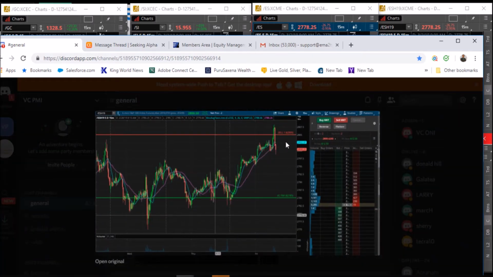And I confirm to you the entry point with my execution on thinkorswim. And in here, you can see the price came right through the sell one indicator of 2805. And as you know, this is a setup. This is the first setup.